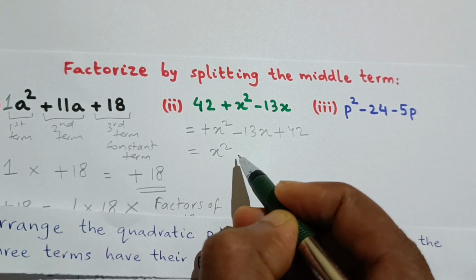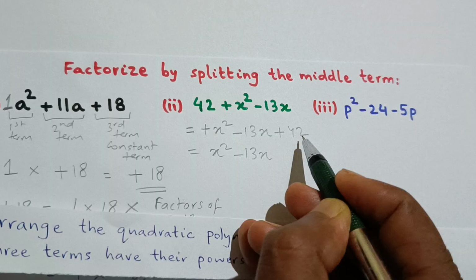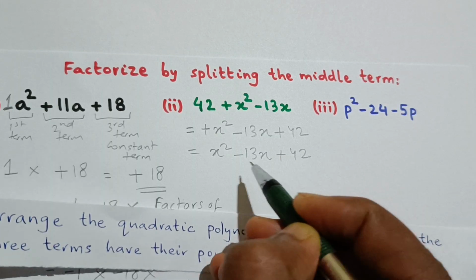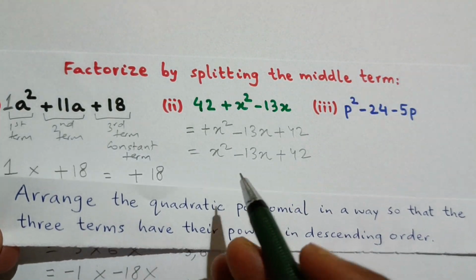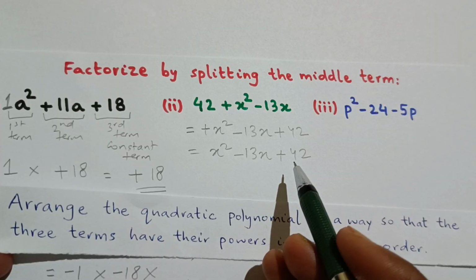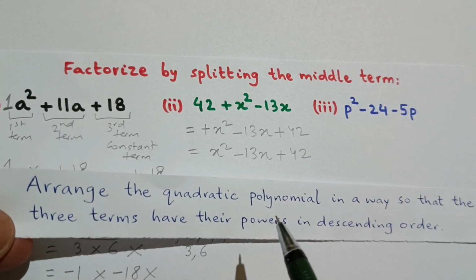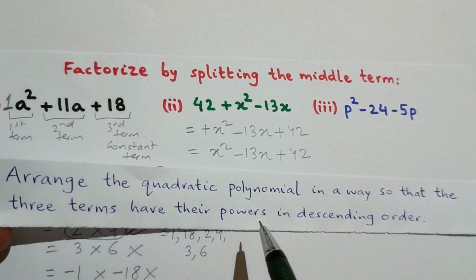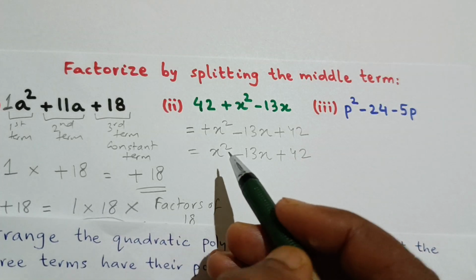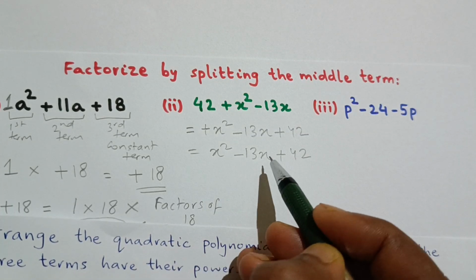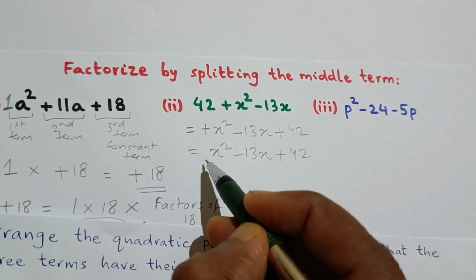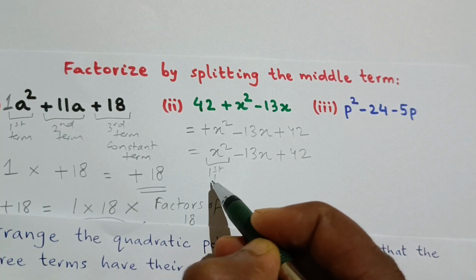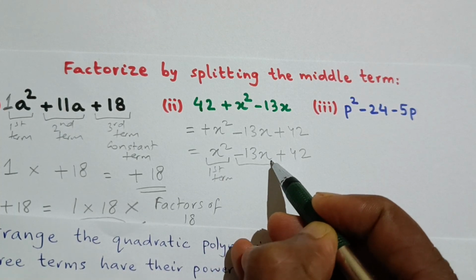So x square minus 13x plus 42. Now you can see that this quadratic polynomial has been arranged so that the 3 terms have their powers in descending order. So the first term, the second term, the third term. This is the first term. This is the second term.